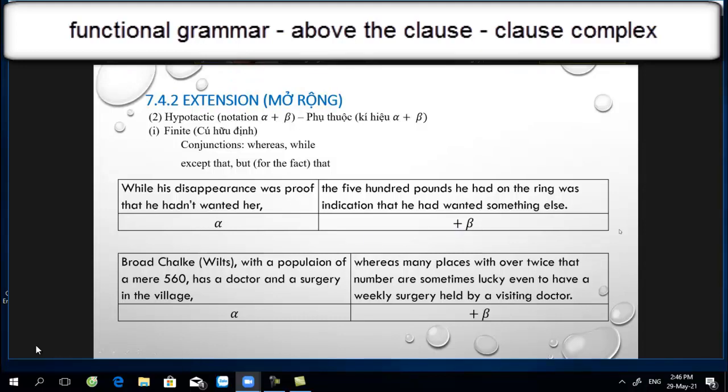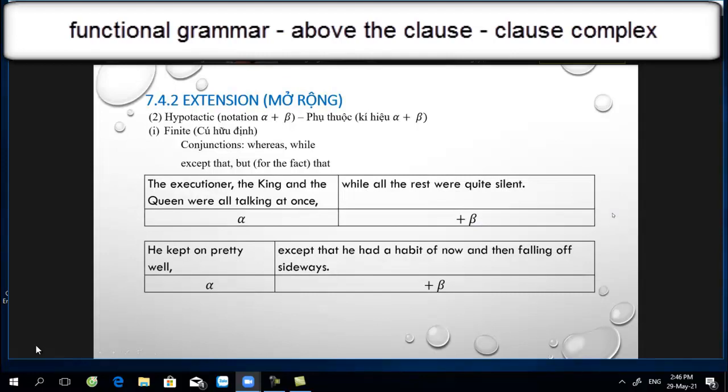More examples: the executioner, the king, and the queen were all talking at once, while all the rest were quite silent. And the last one: he kept on pretty well, except that he had a habit of now and then falling off sideways.